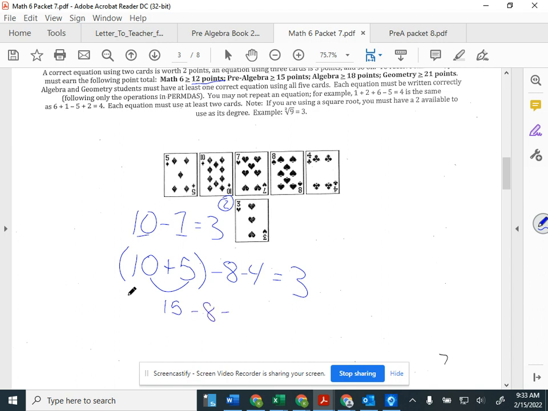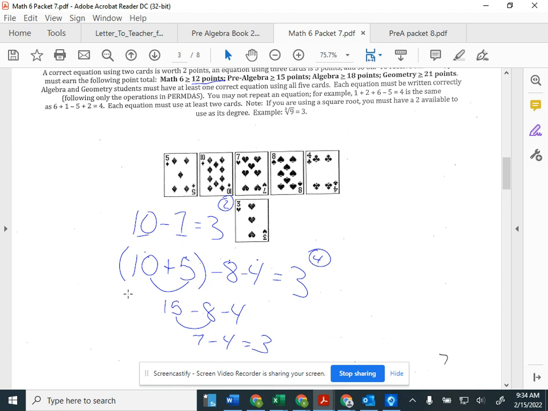Minus 8, 15 minus 8 is 7. Minus 4, it equals 3. So this would be 1, 2, 3, 4 points. So right there, we're halfway. That's 6 points. We're halfway there.